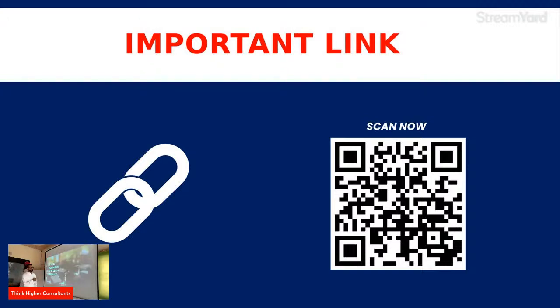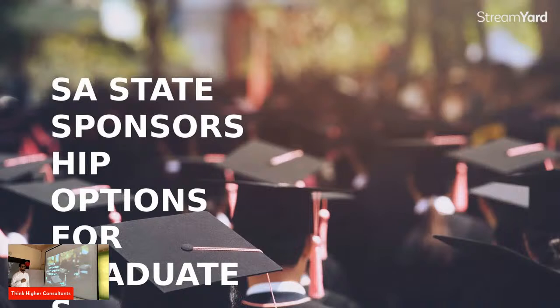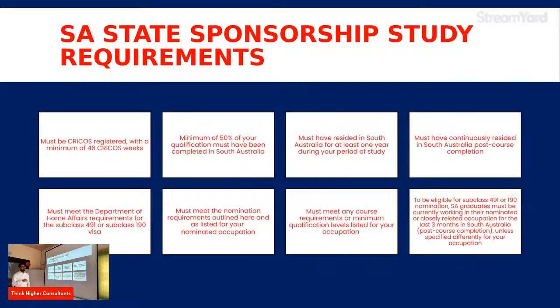Okay, let's go to the next. Let's talk about South Australia sponsorships very quickly. Let's go to the next slide please. If you are studying there, obviously you need to study 1 year. If you are applying offshore, there is no study requirement. At the moment, South Australia's offshore requirement is that you must have 8 each in IELTS or equivalent PTE and minimum 8 years of experience.